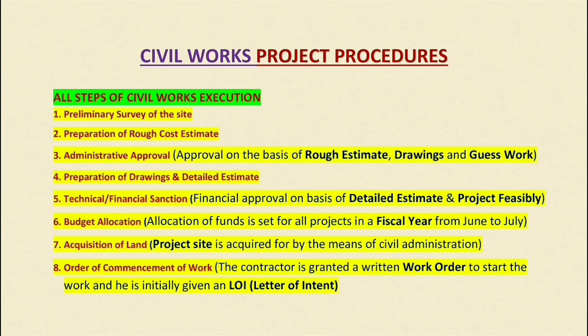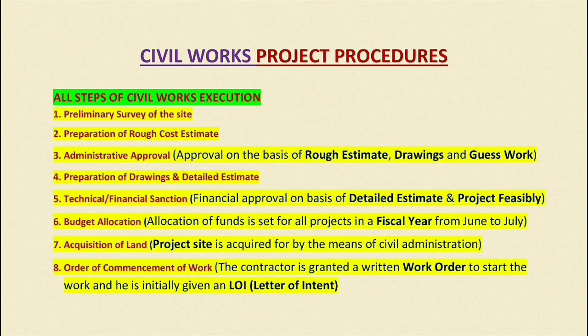The site is the place where the construction work is done. All the site details are noted, like what type of land it is and what the features of that land are. These items are very important to know about the topography of the land and the details of its features. So this is an initial survey.